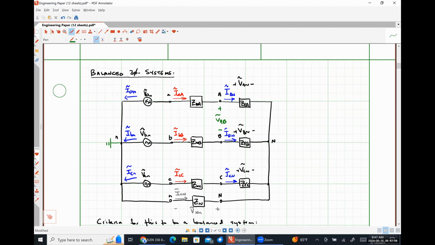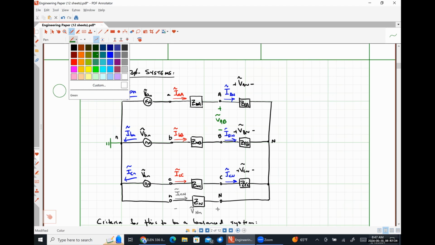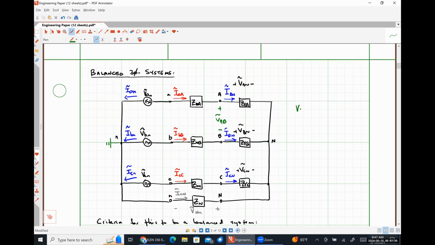How do you think we would solve for the quantity VAB if we knew VAN, VBN, etc.? So Kirchhoff's voltage law around that little loop tells me that here, our line voltage VAB is nothing more than VAN minus VBN.